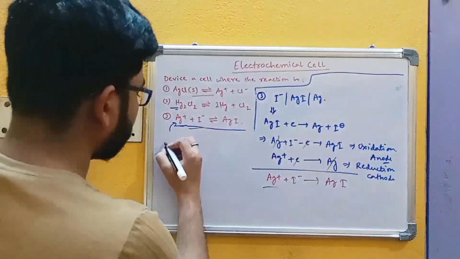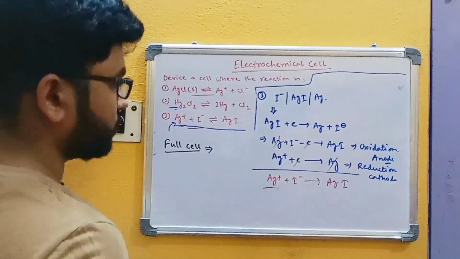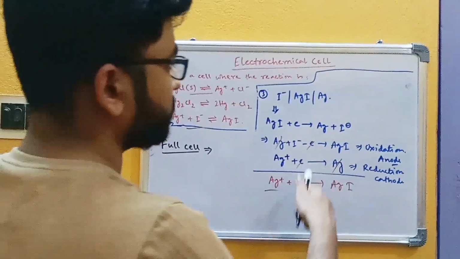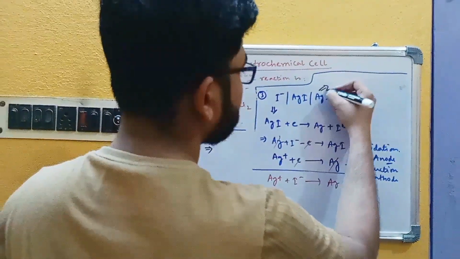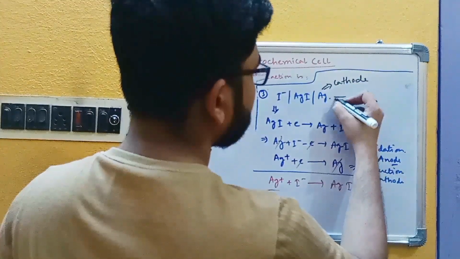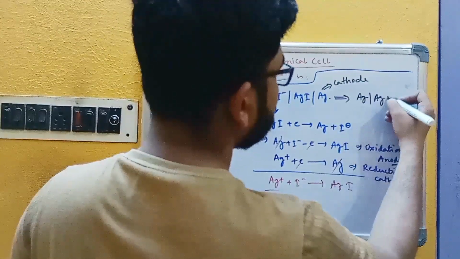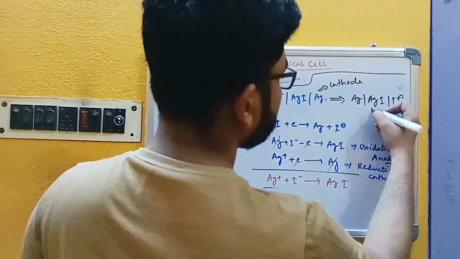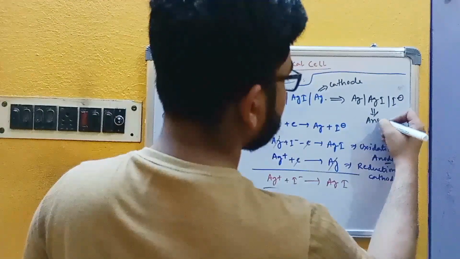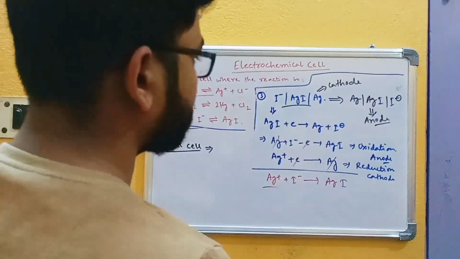So if we try to write the full cell, our anode is this, and this represents the cathode. In order to write the anode, this is Ag, AgI, I minus, this is anode, and here oxidation takes place, but here reduction takes place.